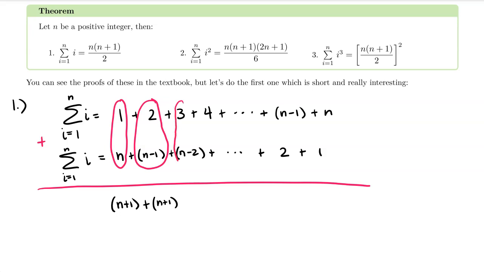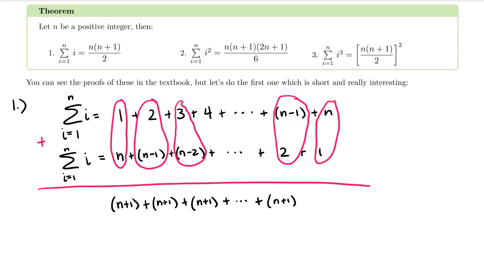Do you see a pattern? So n minus 2 plus 3 would also give us n plus 1. And this is going to continue on. So n minus 1 plus 2, that's going to simplify to n plus 1. And then lastly, if I add n and 1, that is also n plus 1.